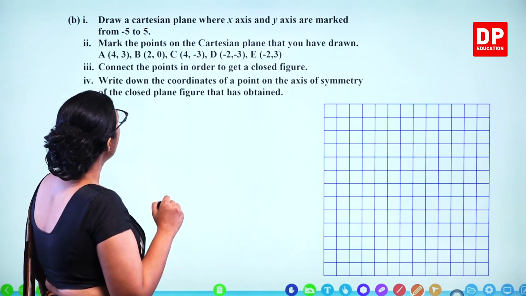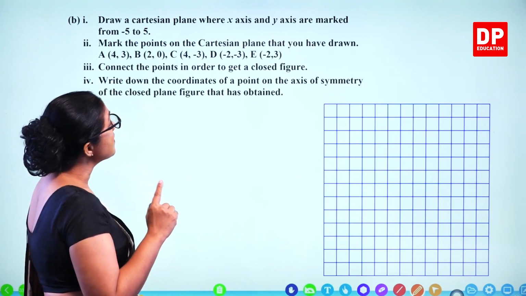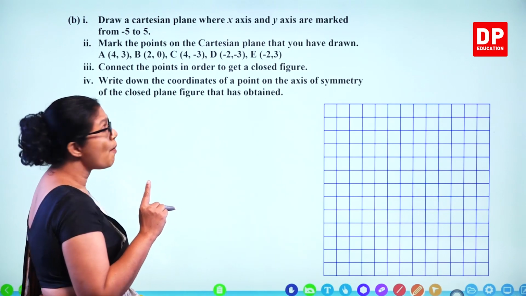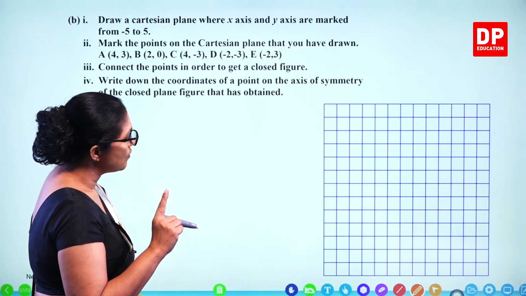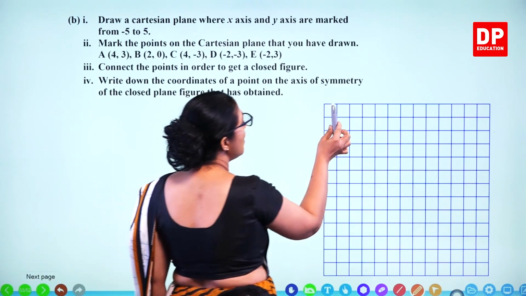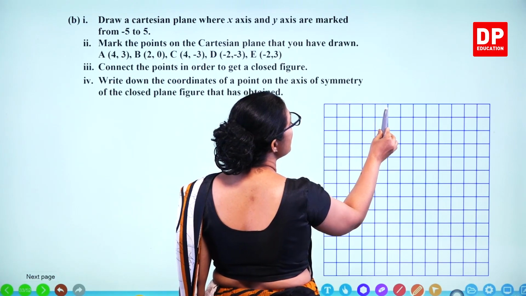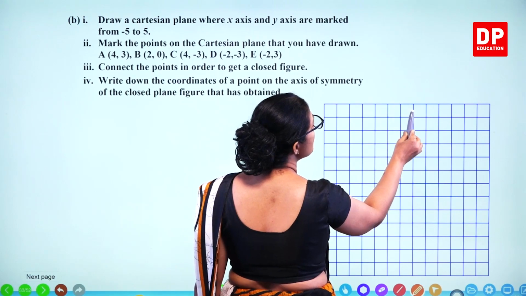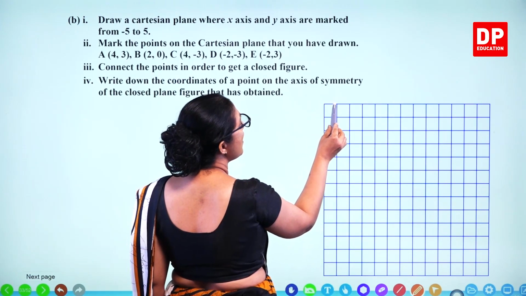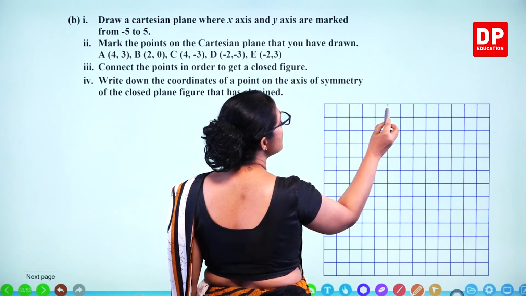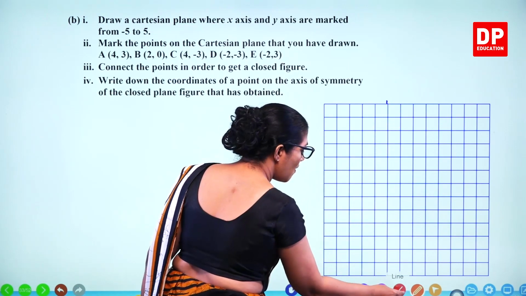Part B. Draw a Cartesian plane where x-axis and y-axis are marked from minus 5 to 5. So let's do that first. We take minus 5, minus 4, minus 3, minus 2, minus 1, 0. So we'll start from here. 5, 4, 3, 2, 1, 0. So this is the y-axis.